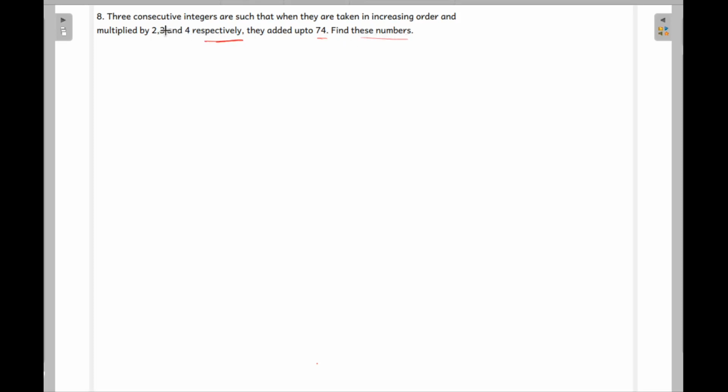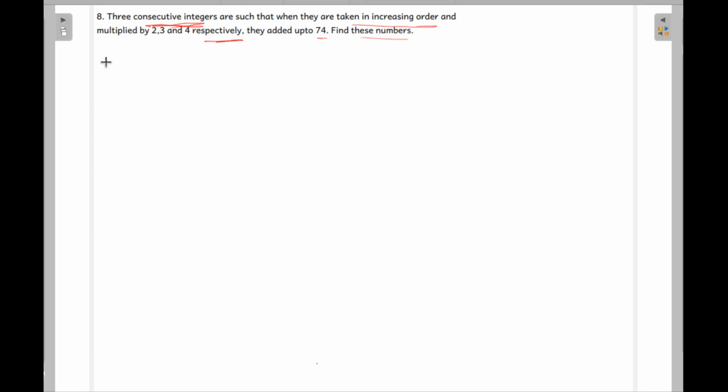Find these numbers. The only difference is that they are taken in increasing order, smaller to bigger, and then multiplied by 2, 3 and 4 respectively.